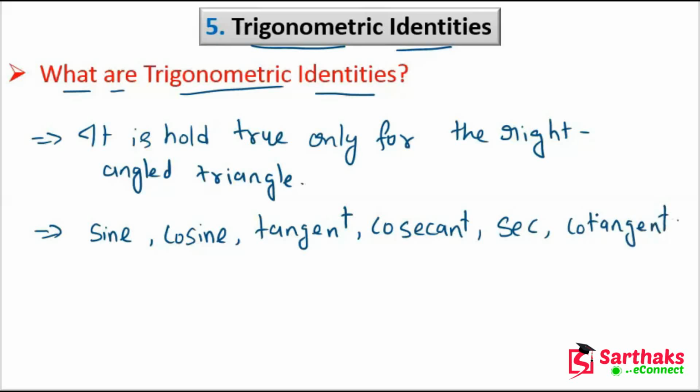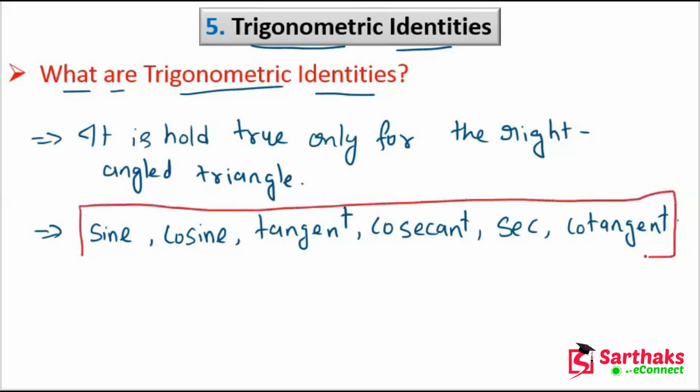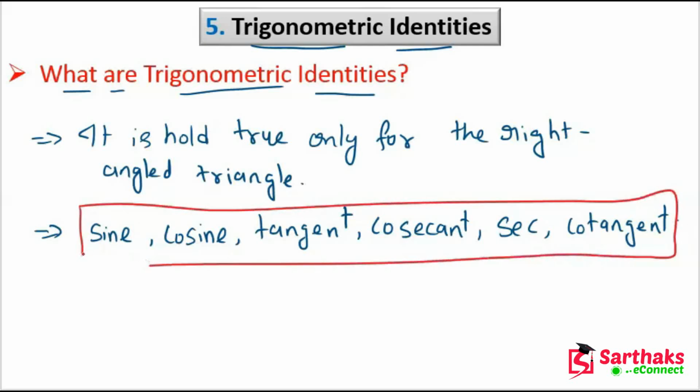So these are the 6 trigonometric functions, and all these identities are based on these trigonometric functions. They are the main important functions, the main important ratios.